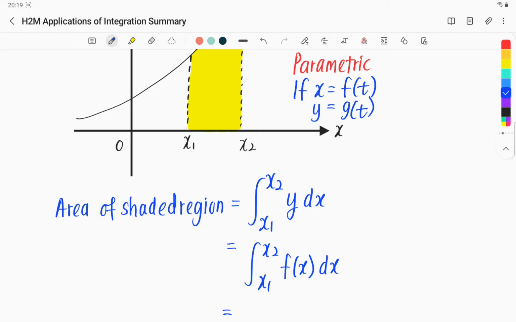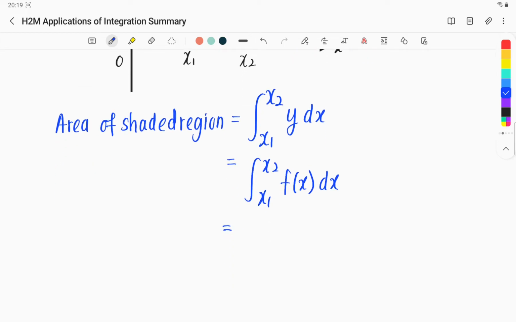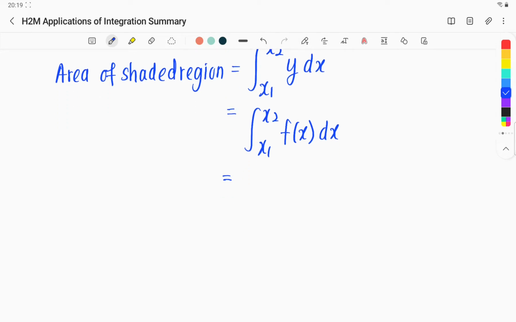If we're going to find the area of the shaded region of a parametric equation, we need to replace term by term. We need to replace the x limits with t limits, and replace y and dx.